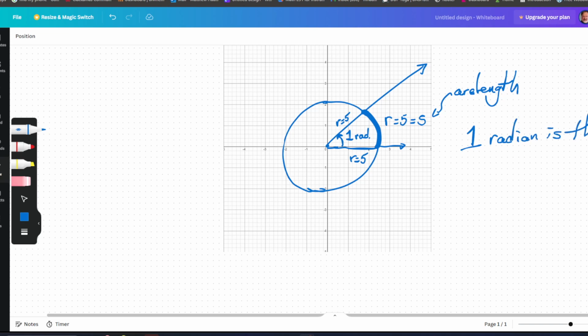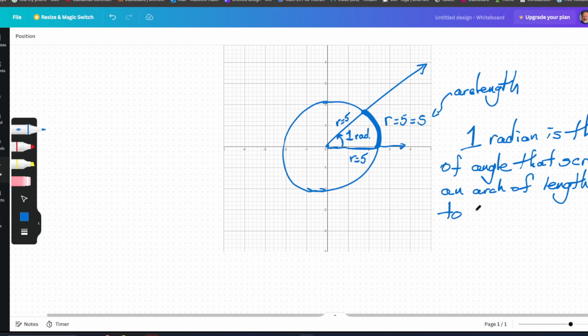So 1 radian is the amount of angle that scribes an arc of length equal to the radius of the circle.